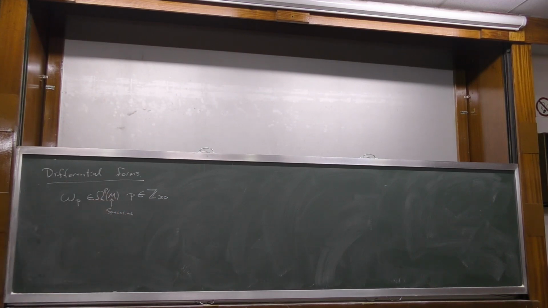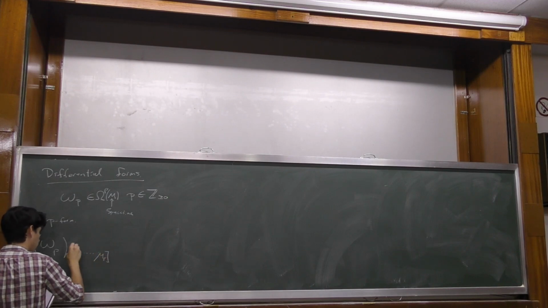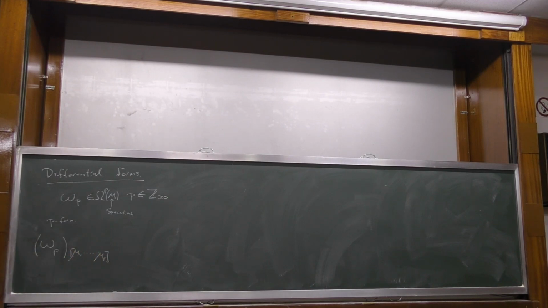Here p is telling you that this is called a p-form. And what it means is that omega p you can write out as a p-index tensor, with indices mu 1 through mu p, which are x vectors.